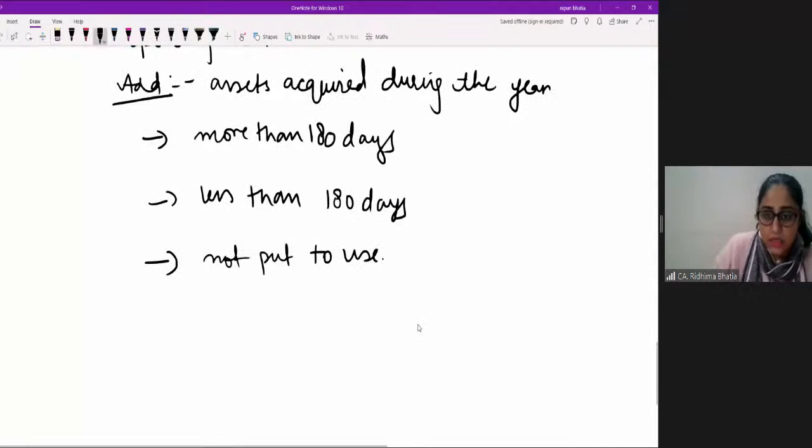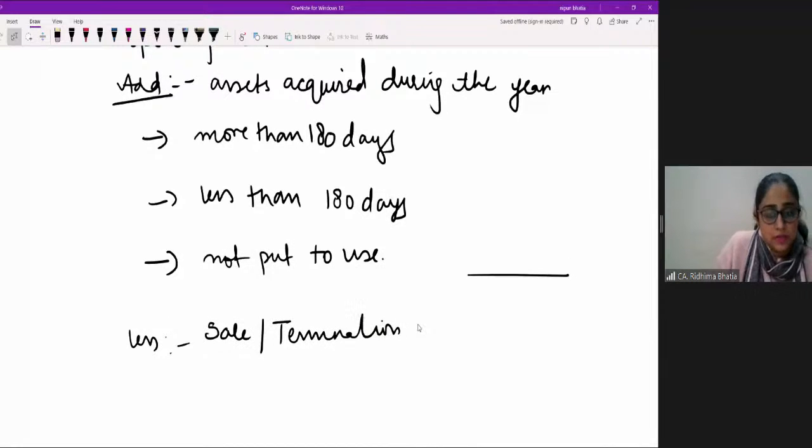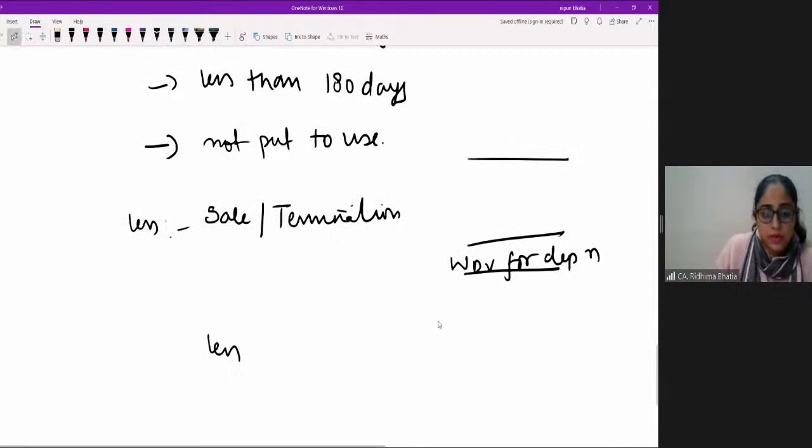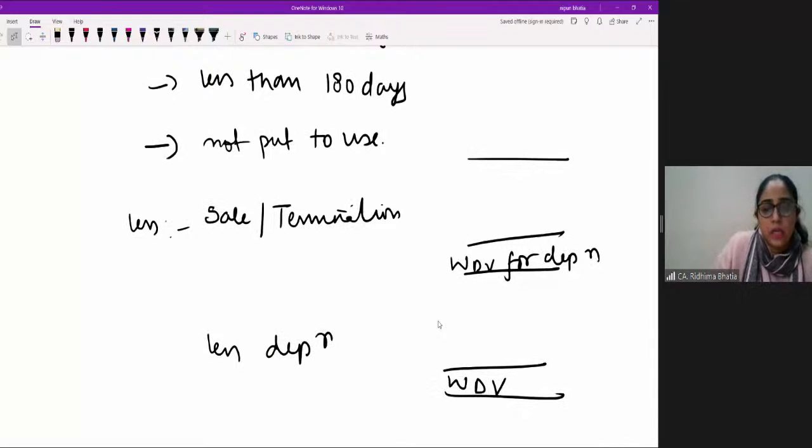After that you will reduce from this any sale or termination value received for an asset, or any slump sale which has happened. Whatever amount comes would be the written down value for charging depreciation. Then from this you will reduce your depreciation for the year and you will get the closing WDV, which is the opening WDV for the next year.